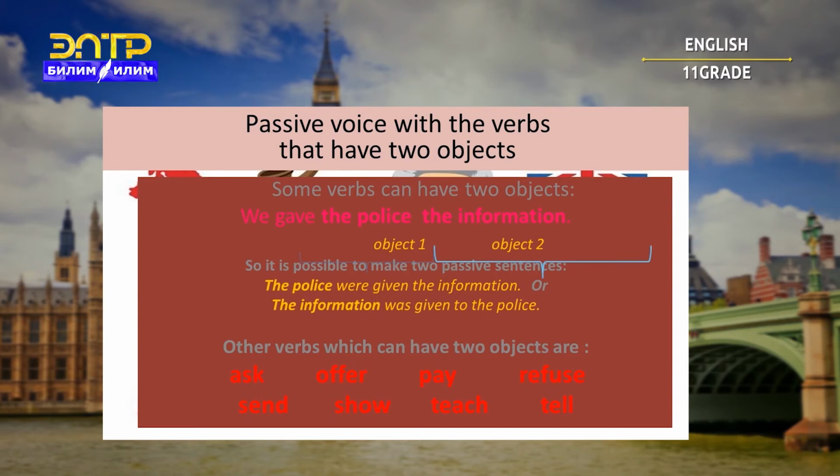The police were given the information, or the information was given to the police. Other verbs which can have two objects are ask, offer, pay, refuse, send, show, teach, tell.